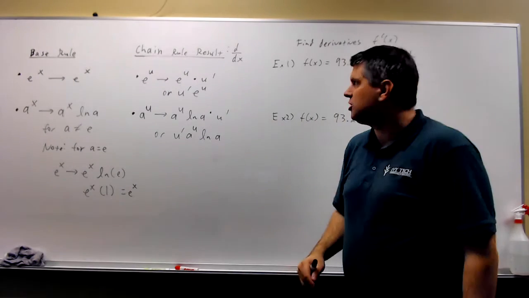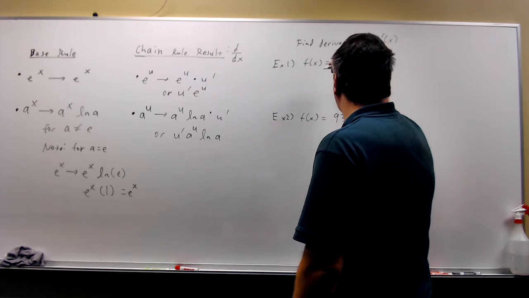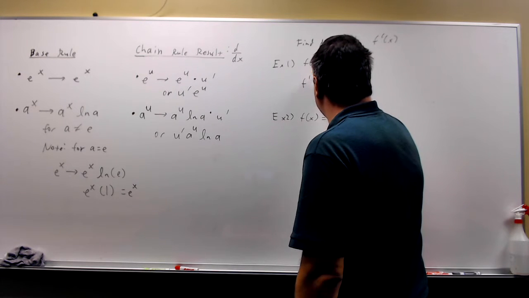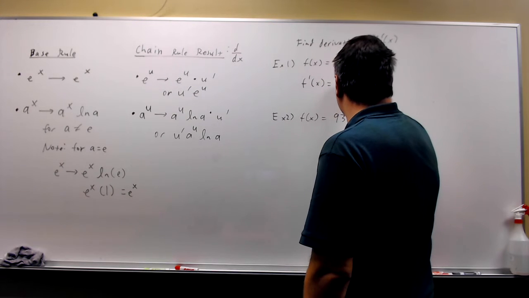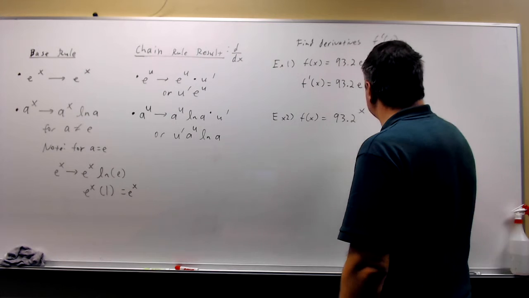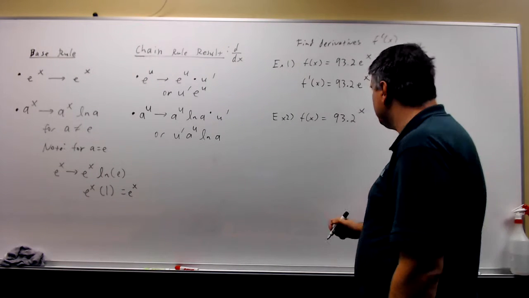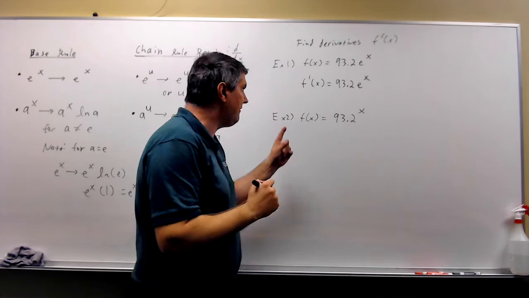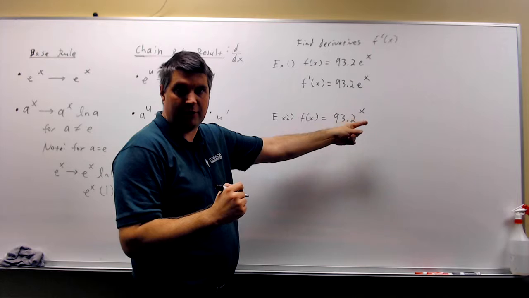Okay, so example 1. We're looking for our derivatives. So f prime of x is, well, 93.2, and the derivative of e to the x is e to the x. Now, example 2, I have f of x equals 93.2 to the x power itself.